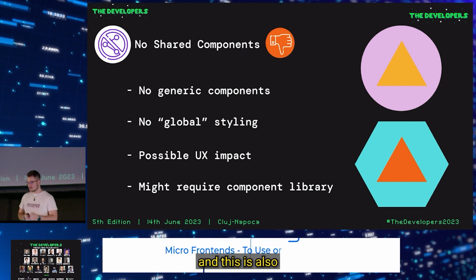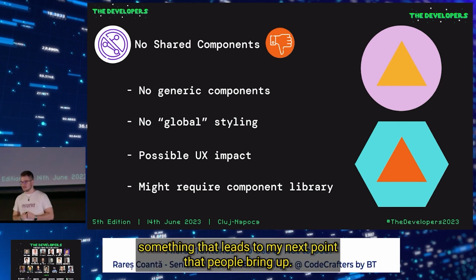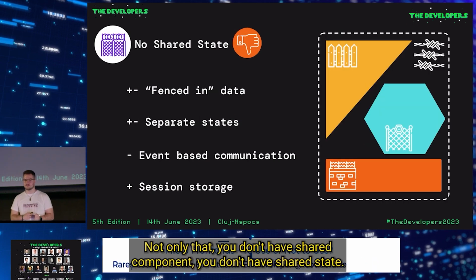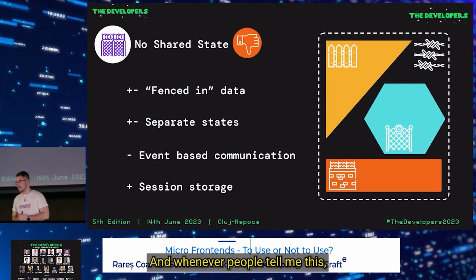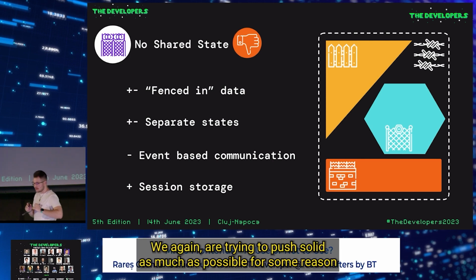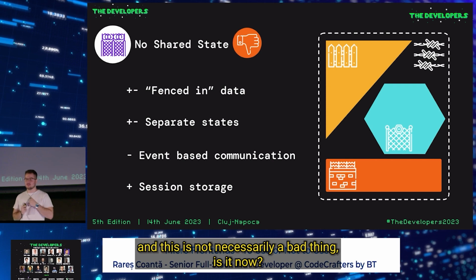And this also leads to my next point that people bring up. Not only that you don't have shared components, you don't have shared state. And whenever people tell me this, I actually think a bit, and I realize something. We, again, are trying to push SOLID as much as possible, for some reason. And this is not necessarily a bad thing, is it now?